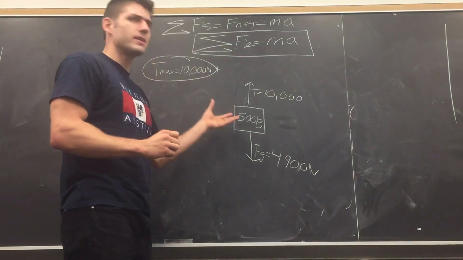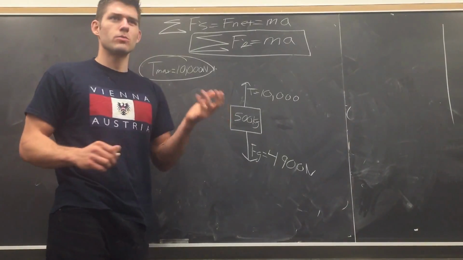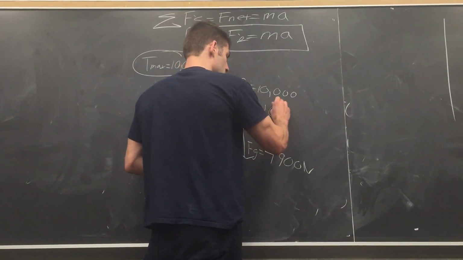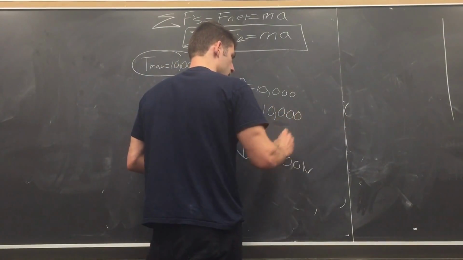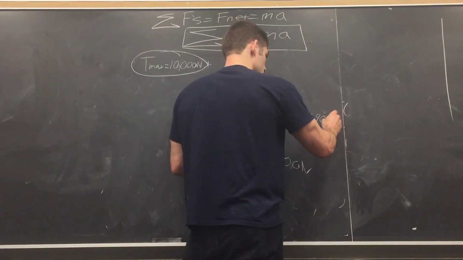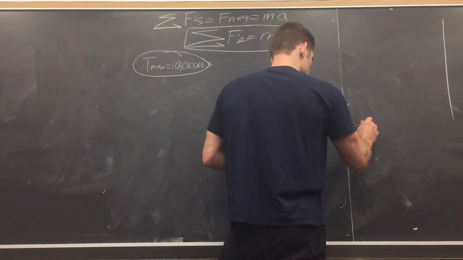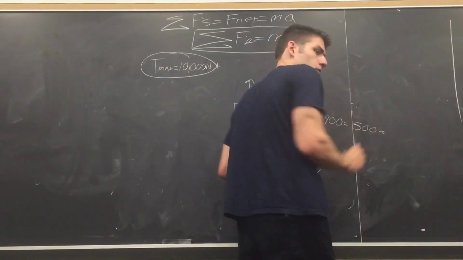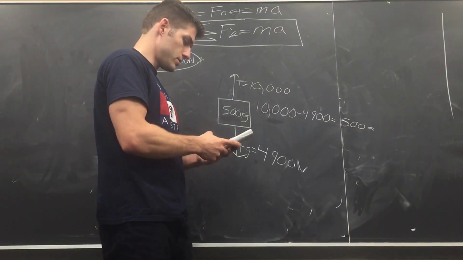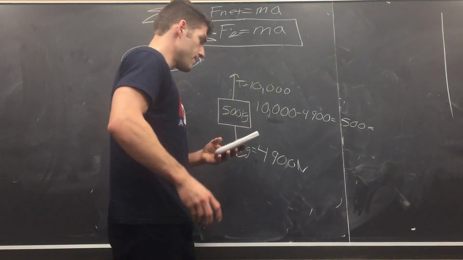How am I going to set this up to find the acceleration? Well, which direction is it moving? It's moving up. So we're saying that's the positive force. So I can say 10,000, minus this one because it's going the other direction, minus 4,900 is equal to the mass, which is just 500, times the acceleration. 10,000 minus 4,900 divided by 500.